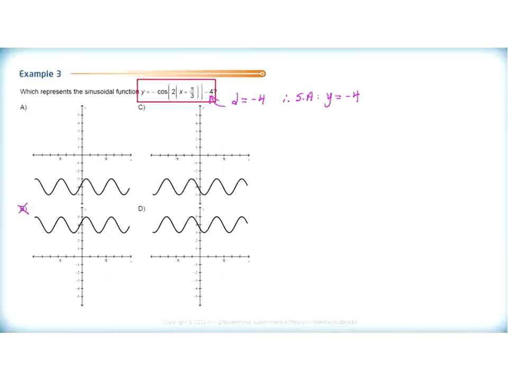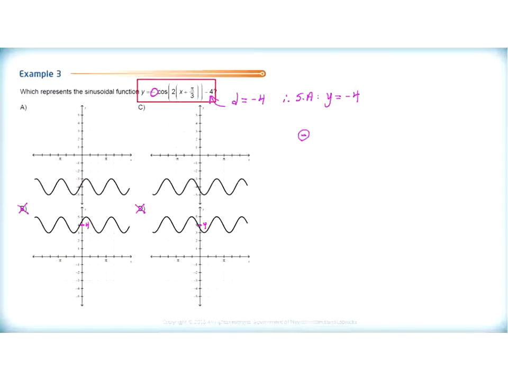That eliminates B and D as multiple choice items because the sinusoidal axis for both of these graphs passes through y equals positive 4.